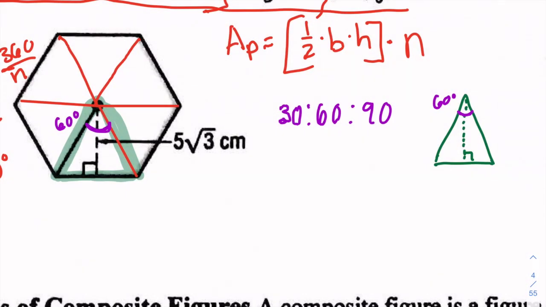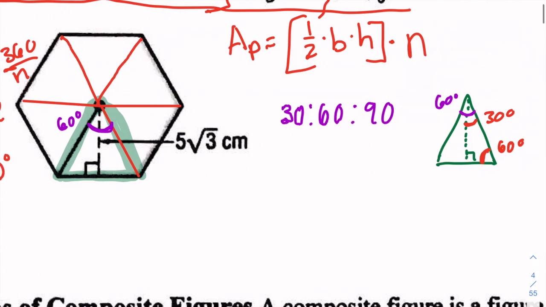this half right here is actually 30 degrees. So half is 30 degrees. Now, that would then lead this angle here to be 60 degrees, which is how we got a 30, 60.